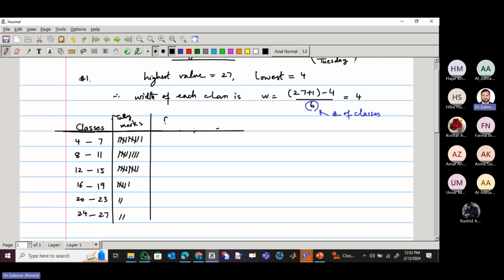If you write the frequency, you can count 5, 5, 10, 11, 5 and 4, 9, 5, 5, 10, 6, 2, 2.